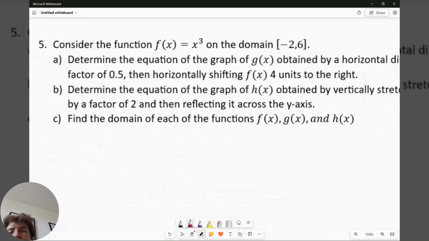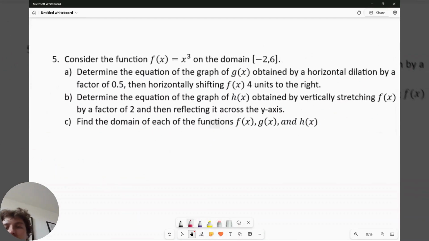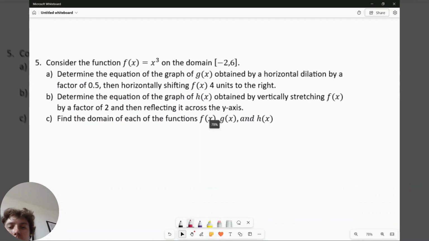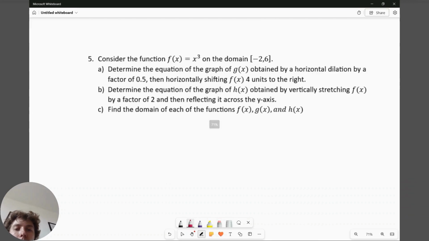Last two problems to look at for this section. This next one, consider the function f of x equals x cubed on this domain. Now we're just looking at different dilations. So determine the equation obtained by a horizontal dilation by a factor of 0.5 and a horizontal shift 4 units to the right.